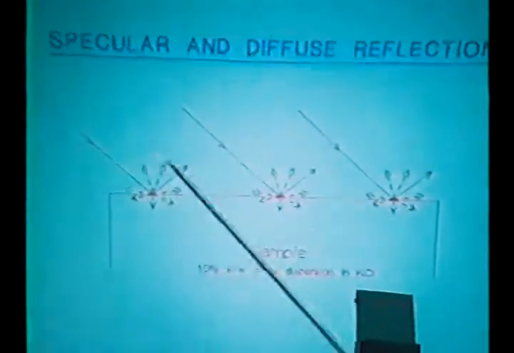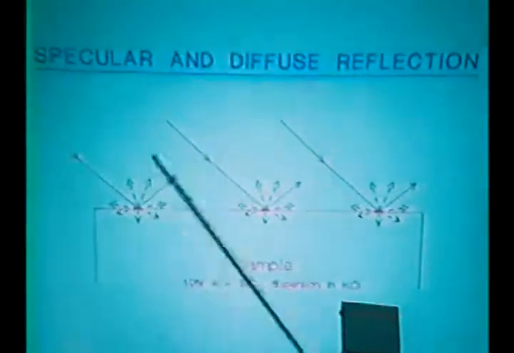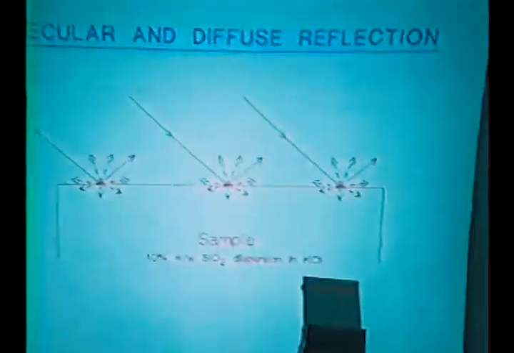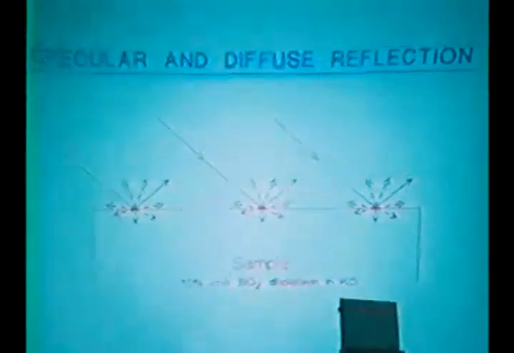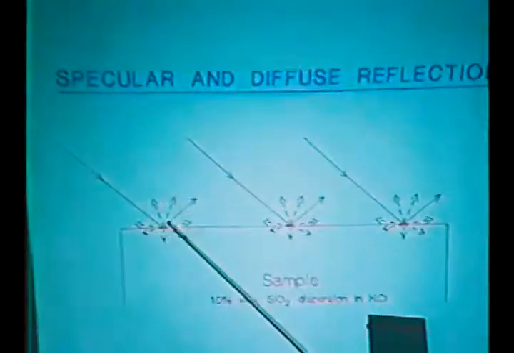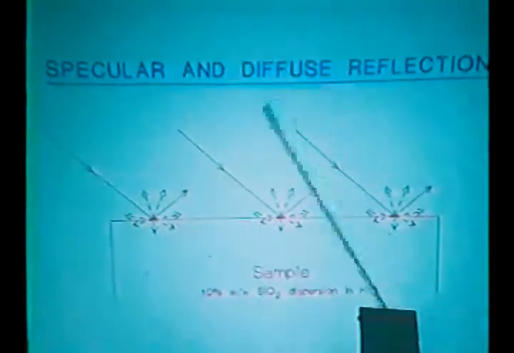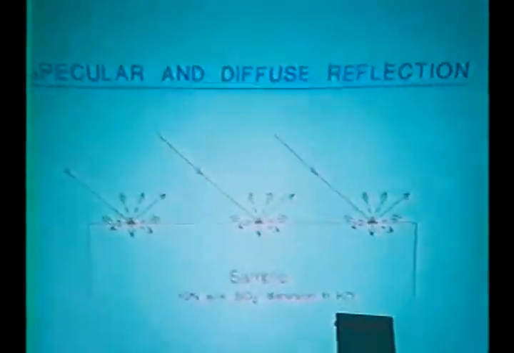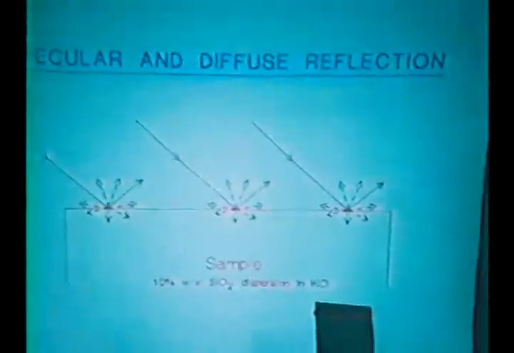Here I've depicted the infrared radiation coming in. Surrounding this is simply a commercially available accessory with lots of mirrors that you can tweak up to get a good signal. We have the infrared radiation coming in and some of it bouncing off at the same angle. That's the specularly reflected radiation. We're not interested in that, and so the optics just takes that radiation and throws it away.